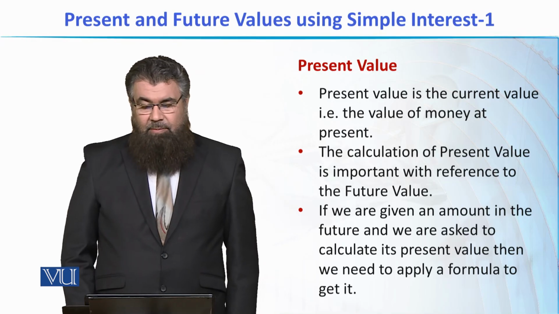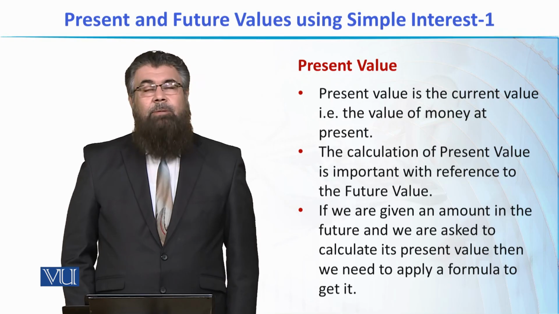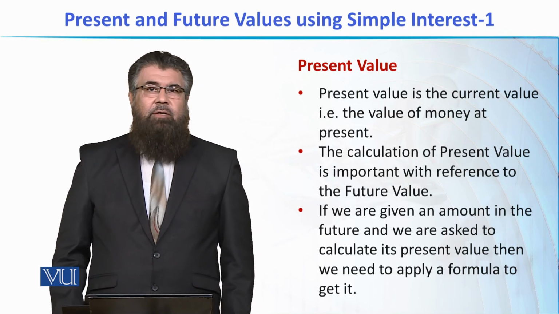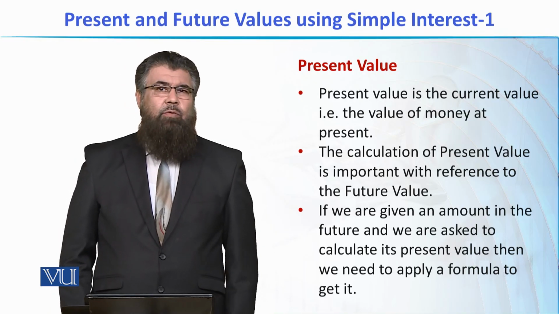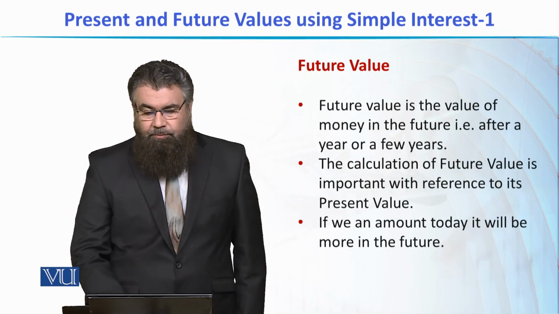So if we are given an amount in the future and we are asked to calculate its present value, then we can calculate it simply by calculating interest separately and deducting it, or we may use a formula in finance to get this present value.